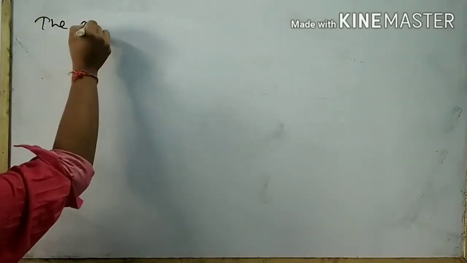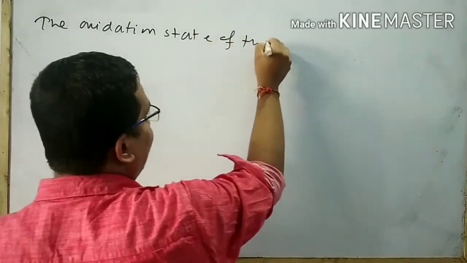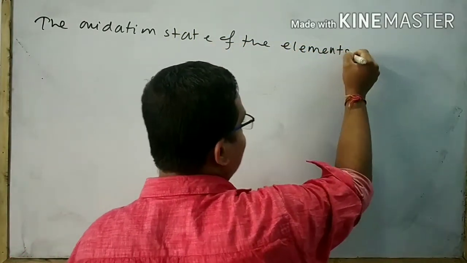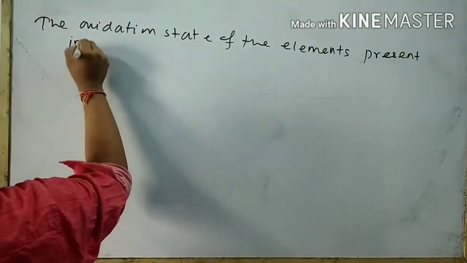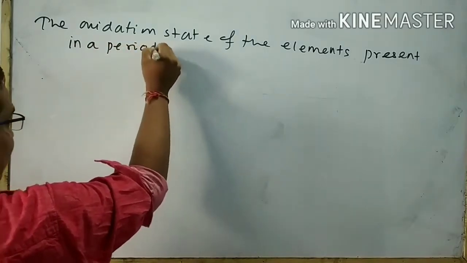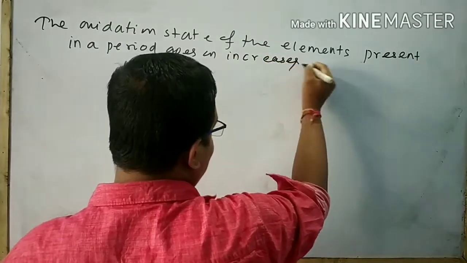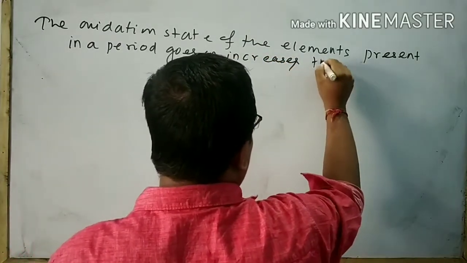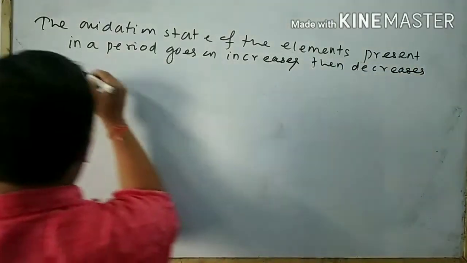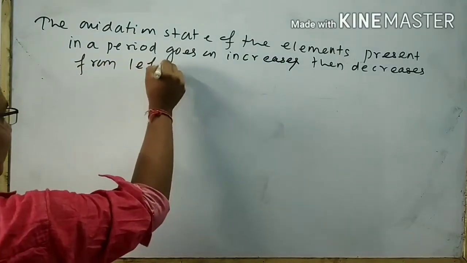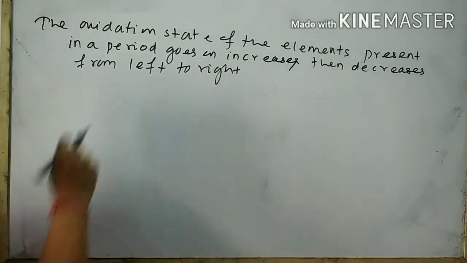The oxidation state of the elements present in a period goes on increasing, then decreases from left to right. Take an example to explain this point.